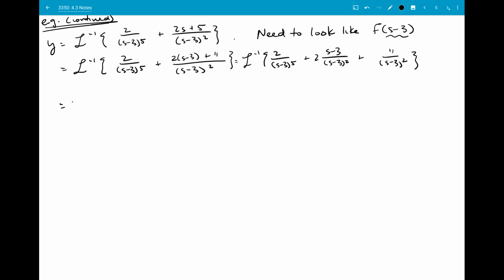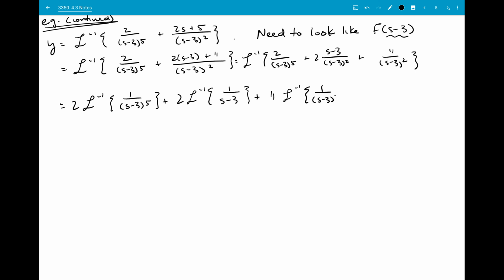So we're going to have equals 2 L inverse of 1 over s minus 3 to the 5th plus 2 L inverse of 1 over s minus 3 plus 11 L inverse of 1 over s minus 3 squared.